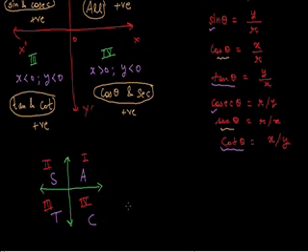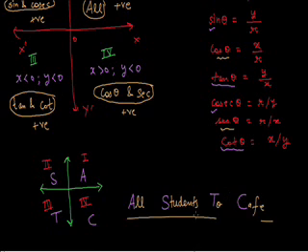And remember it like this. A, all, S, students, T, take, C, cap. All students take cap. ASTC. This is the trick by which you can remember the signs of trigonometric ratios.